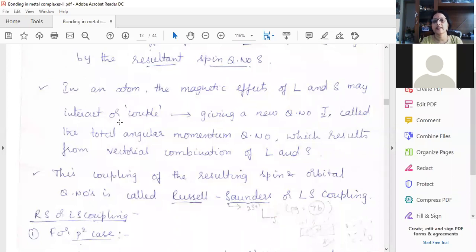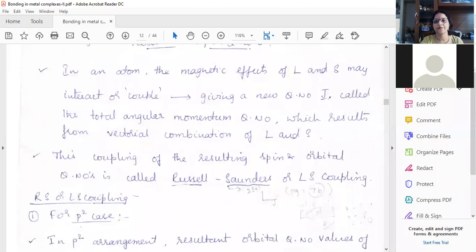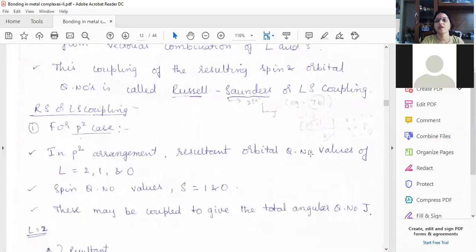When you couple them, you get a new quantum number. You call it the total angular momentum quantum number, which is a vectorial combination of both L and S. This combination of L and S was properly studied by Russell-Saunders, so you can call it LS coupling or Russell-Saunders coupling.